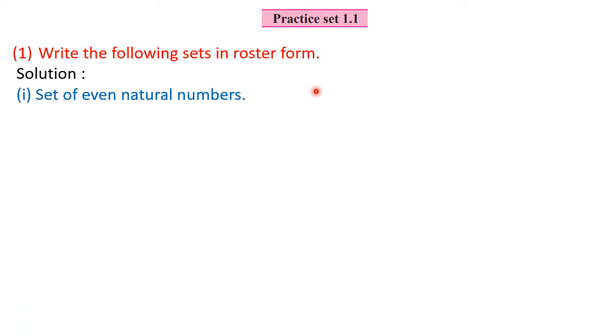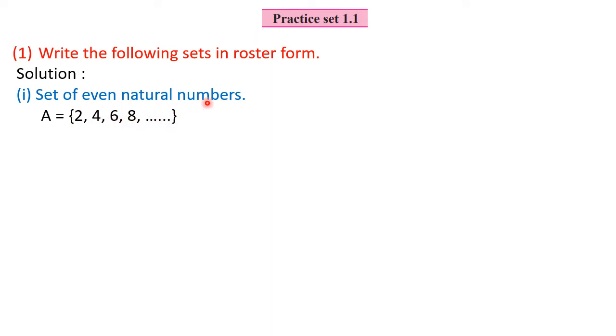Okay, so now let us see the sub questions. From that, first one is set of even natural numbers. You know that natural numbers, they start from 1 and even numbers, they start from 2. Okay, 0 you cannot write as even number. So even natural numbers means 2, 4, 6, 8 and so on.